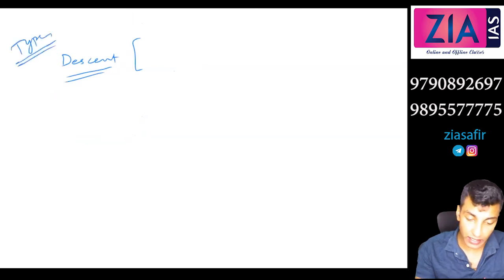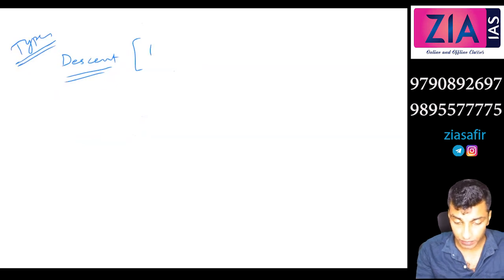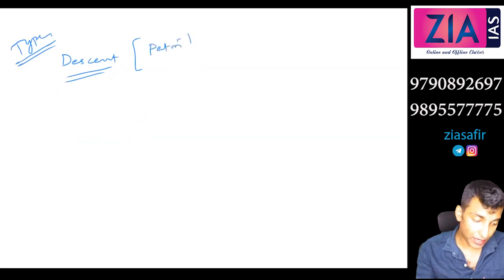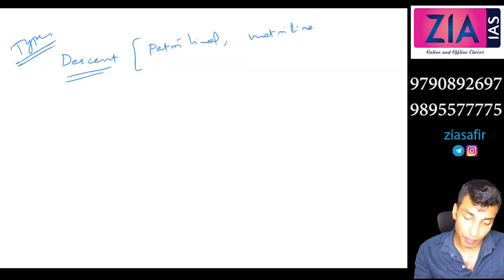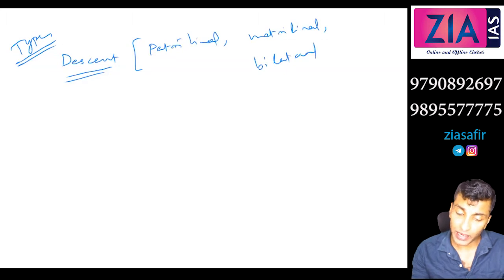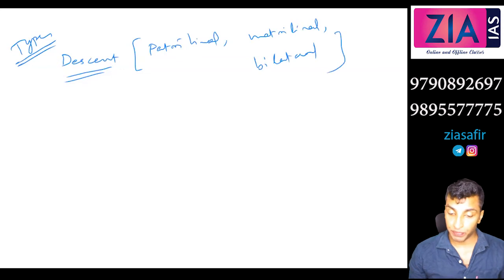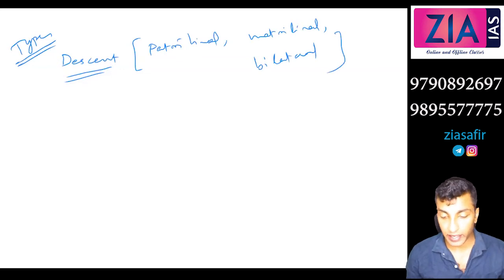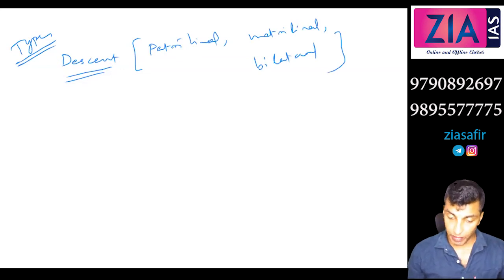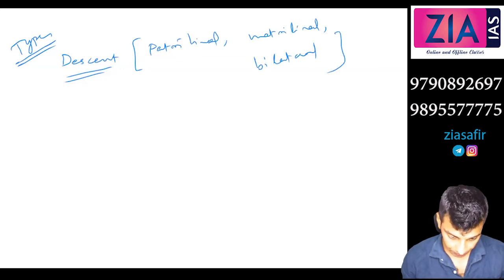On the basis of descent, there can be patrilineal, matrilineal, and bilateral. Patrilineal means you take identity from the father's side. Matrilineal means you take identity from the mother's side. Bilateral we will discuss in the coming session.